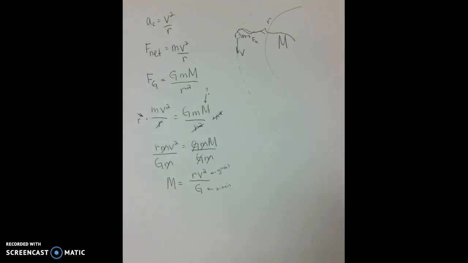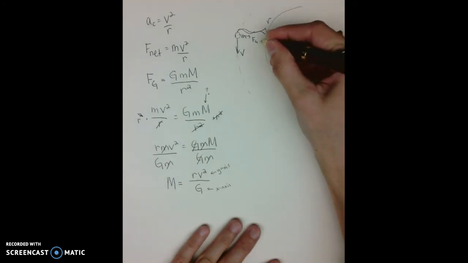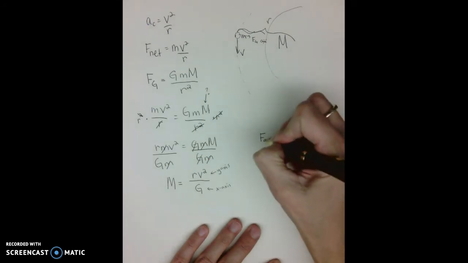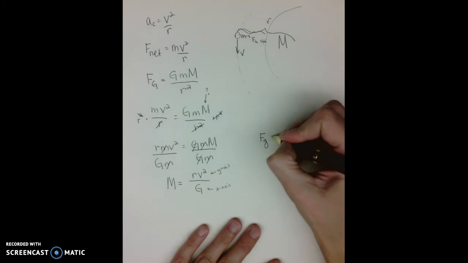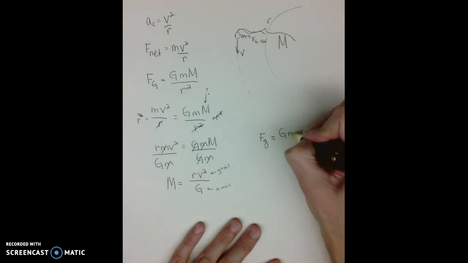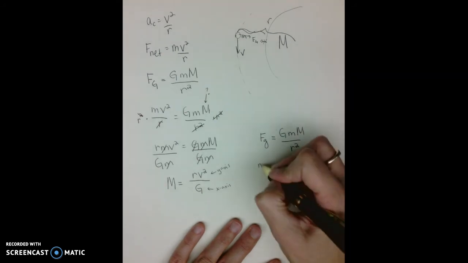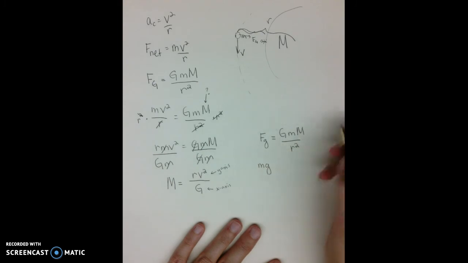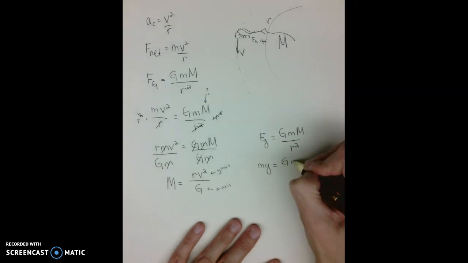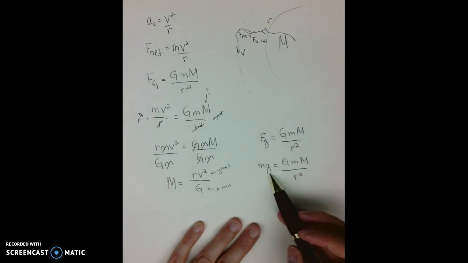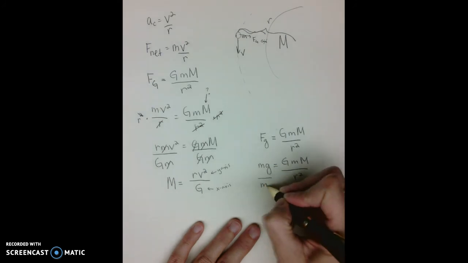I could also determine the acceleration due to gravity on that planet through a similar equation. If I was standing on the surface of this planet, then F_G, or the force of gravity, is the net force acting on me. And that would also equal big G, little m, big M, over r squared. And F_G is the mass of me times the acceleration of gravity, and that equals big G, little m, big M, over r squared. And if I want that to be my slope, I have to divide by my mass.